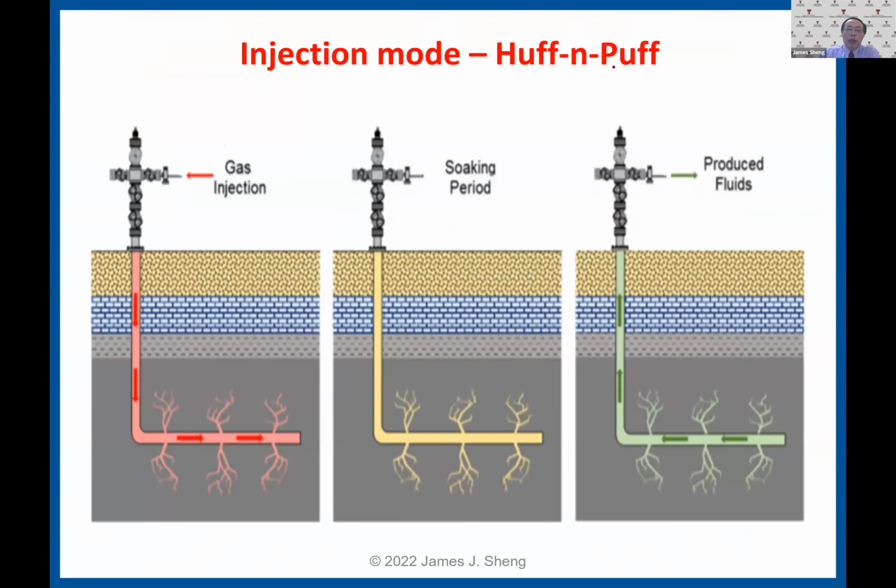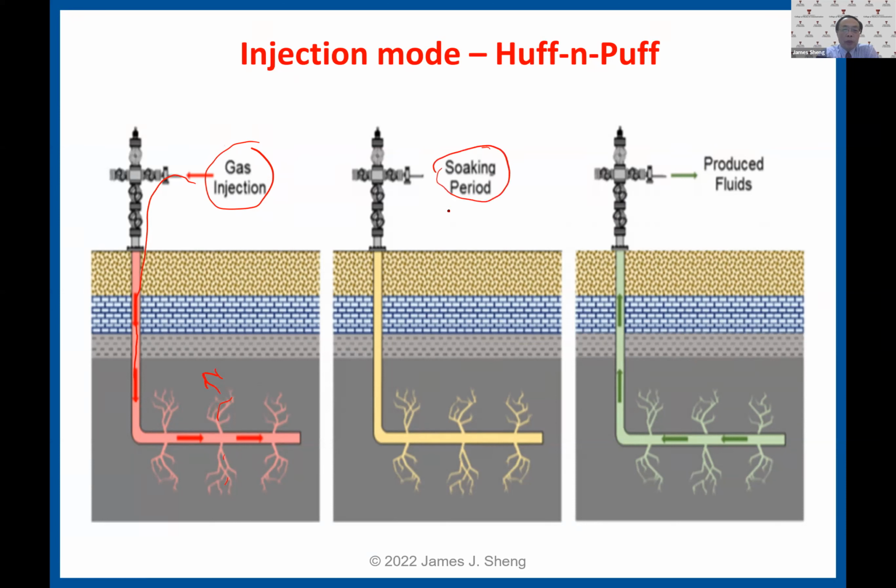Another method is called huff-n-puff. During the huff, for example, you inject CO2 into this well. As I mentioned earlier, we have a horizontal fractured well, right? So this represents one fracture. The injected CO2 will go through the fracture, go deep into the reservoir, and contact the oil in the rock. Sometimes we stop injection.